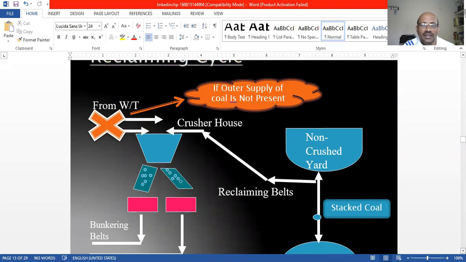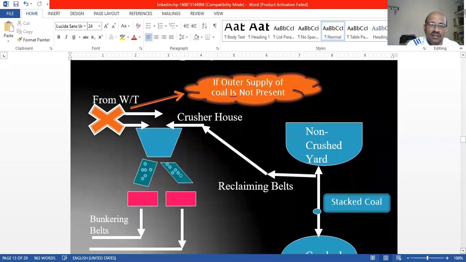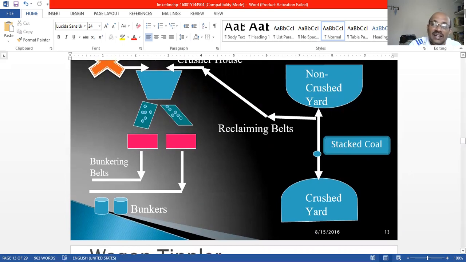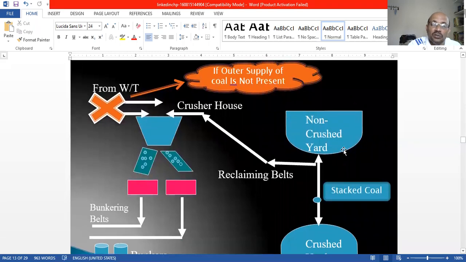After that, the stacked coal is reclaimed. Whatever coal we are unable to crush and that is bypassed, we send to another yard, which we call the non-crushed yard. The crushed coal goes to the crushed yard, and the non-crushed coal goes to the non-crushed yard.